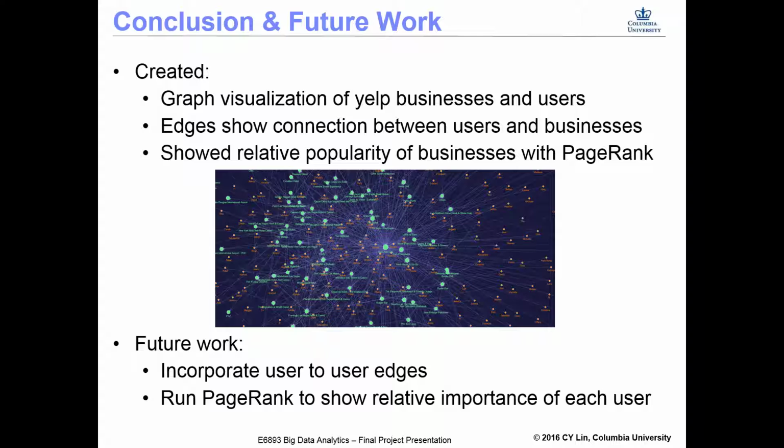Now, something else I'd like to do is include sentiment analysis into the edges and then run reverse PageRank on it to hopefully see if we can find the origin of certain sentiments towards some restaurants. Well, that's my project, and thank you for listening.